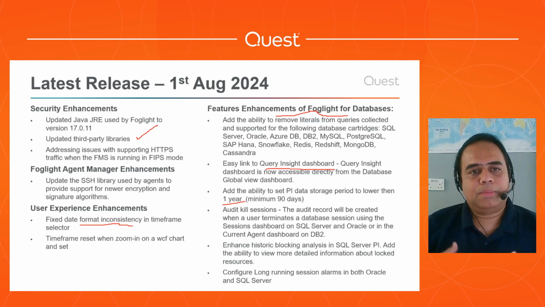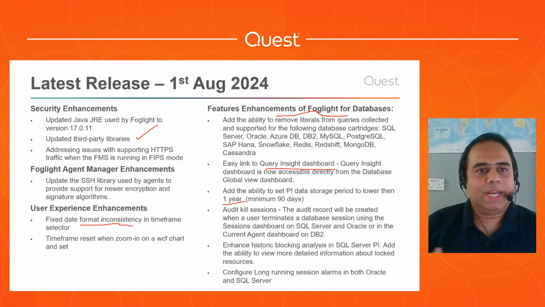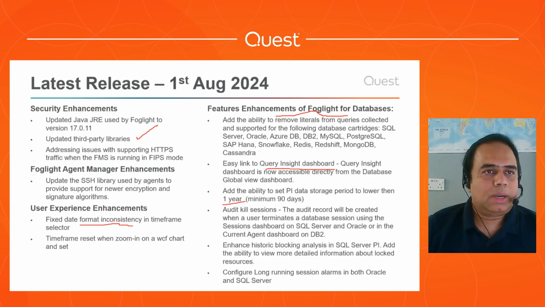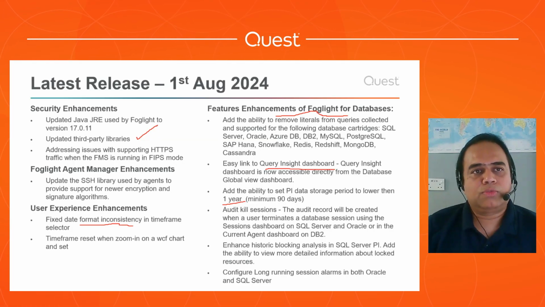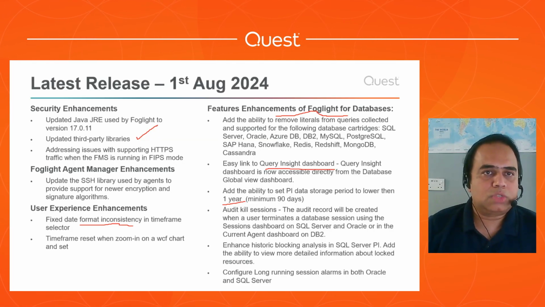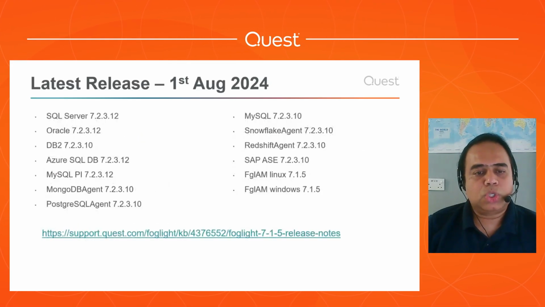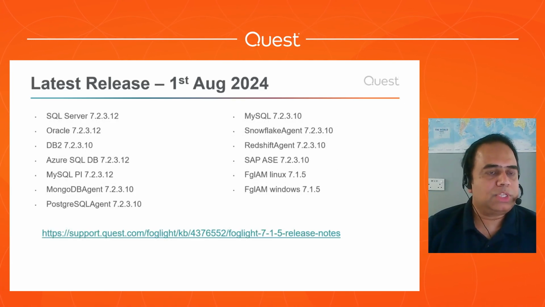Auditing, kill sessions. A lot of great enhancements have been added in the latest release, which is 7.1.5 on August 1st, 2024. With that, newer cartridges were released, along with SQL Server, Oracle, DB2.